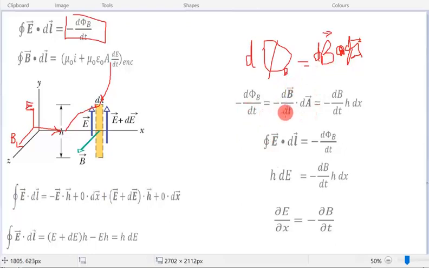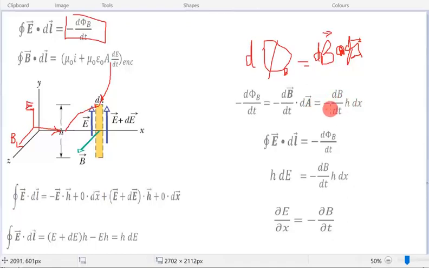So that's what we've written here. The dt remains there. If we write it this way, then we can also express the dA in terms of h dx. If we have a rectangle with a side of h and the small side being dx, then the area is simply h times dx. So the small area here is h times dx.